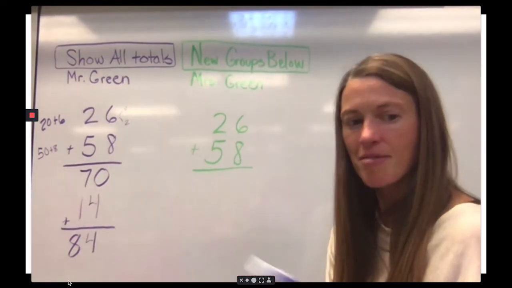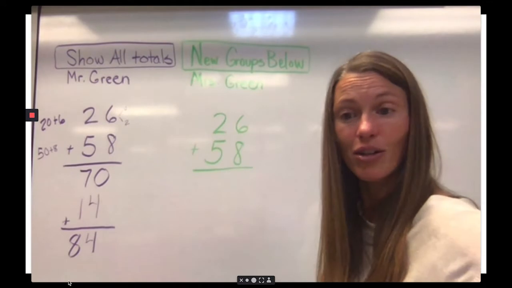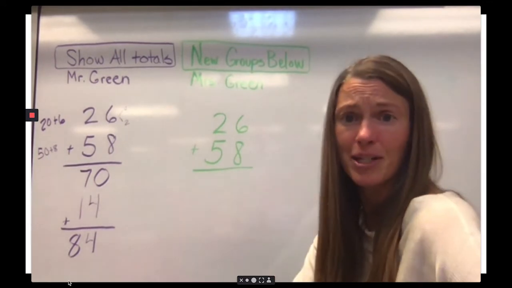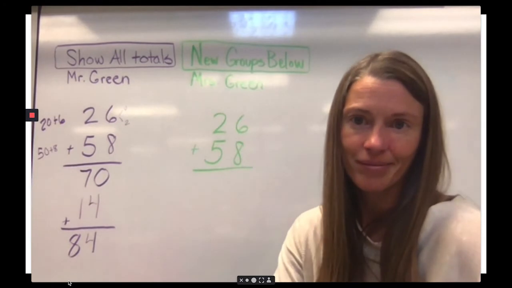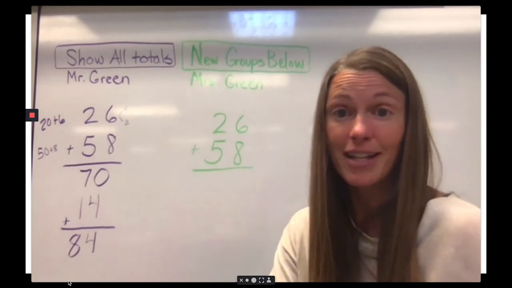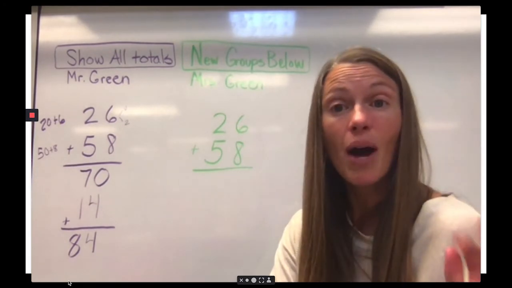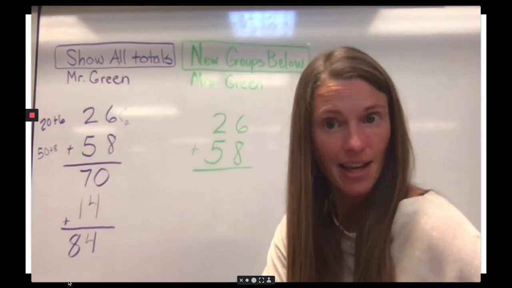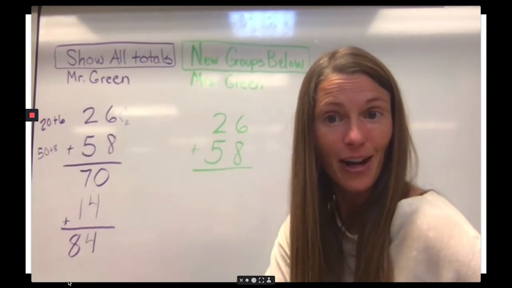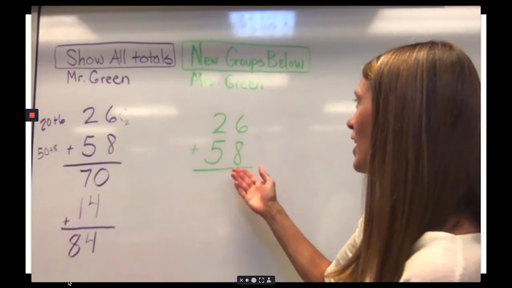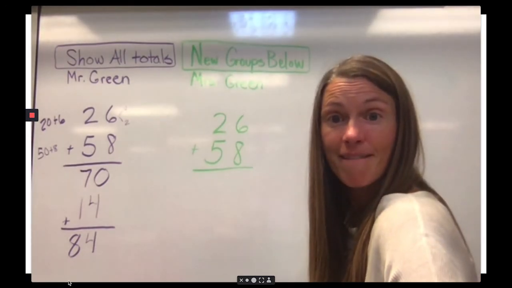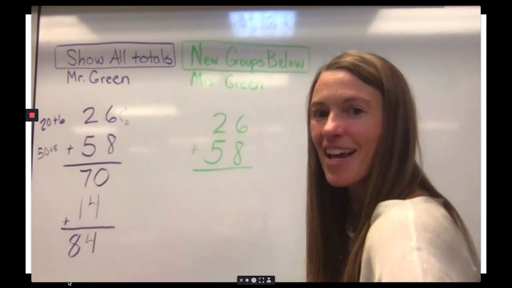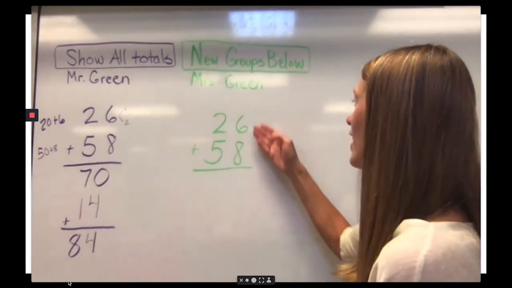Now, Mrs. Green also is a great mathematician, and she looks at Mr. Green and says, hey, I know another way to do this. That's not how my brain thinks. So I'll show you how I do it, and let's see if we're both accurate. So Mrs. Green starts by saying, I'm going to start with the ones. She adds by starting in the ones.